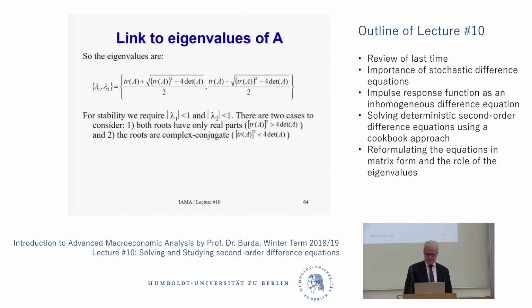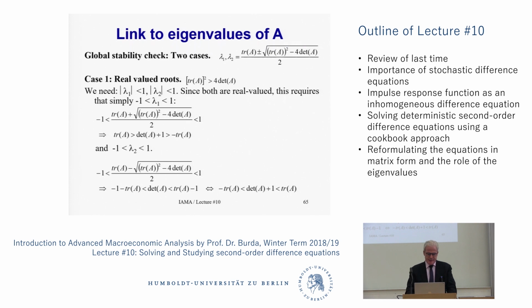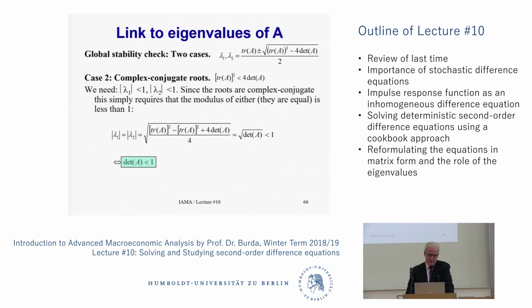Okay? So there's the algebra. It's the same condition as before. So we have various cases, real valued roots, or you have complex conjugate roots, and then you have the same condition for stability. These roots lie inside the unit circle.